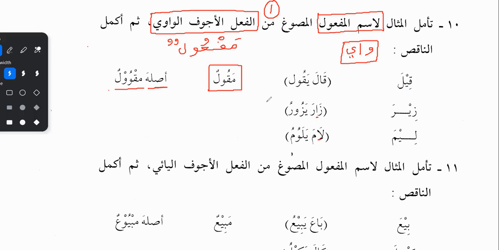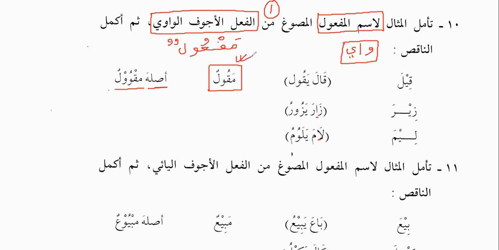Another thing is that the structure of mafool bihi is very similar to the present tense, so you can match the harakas and the letters here. So remember, this is point number one about ismun mafool: whenever you make ismun mafool, you have to know the past tense first and then the present tense.